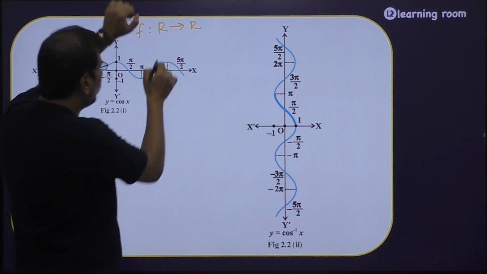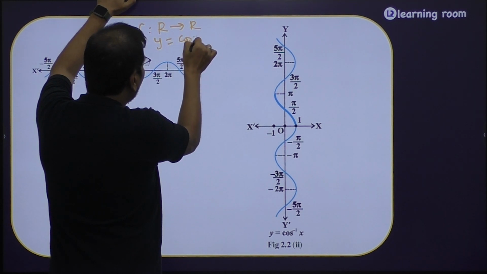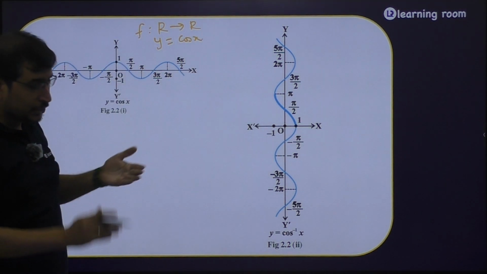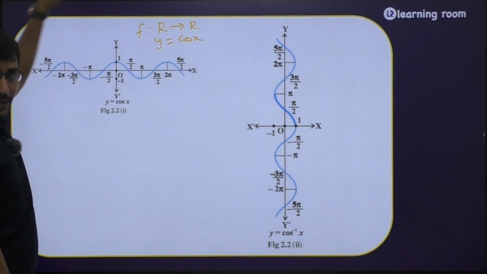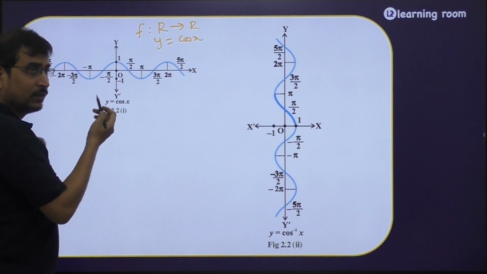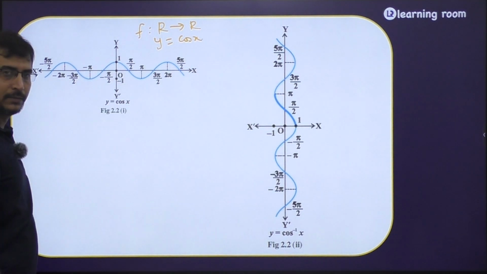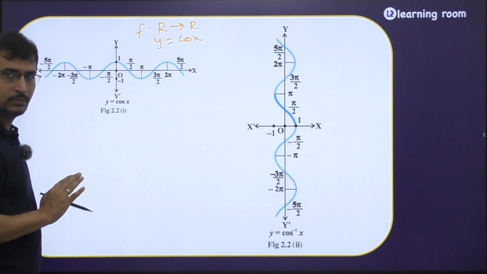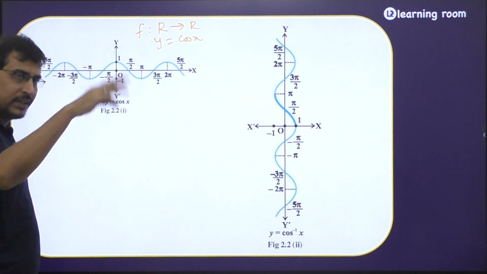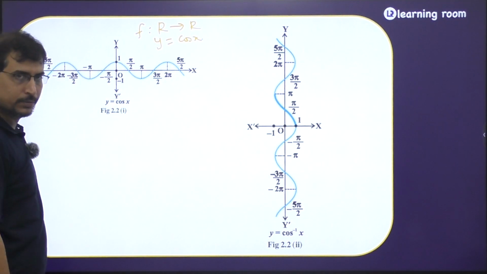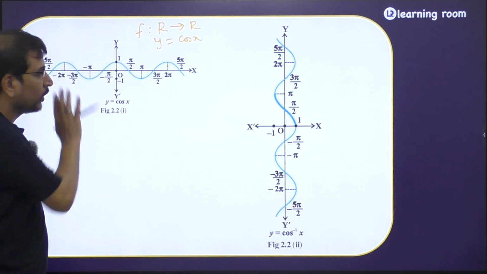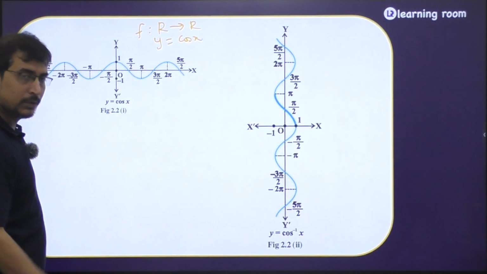If I have y is equal to cos x from R to R, is this function 1-1? Why? Because, to speak in a more mature way, the function is increasing and decreasing. I'm looking at the graph. Whenever you have increasing and decreasing, you will have a wave-like structure. Right? It's not 1-1.